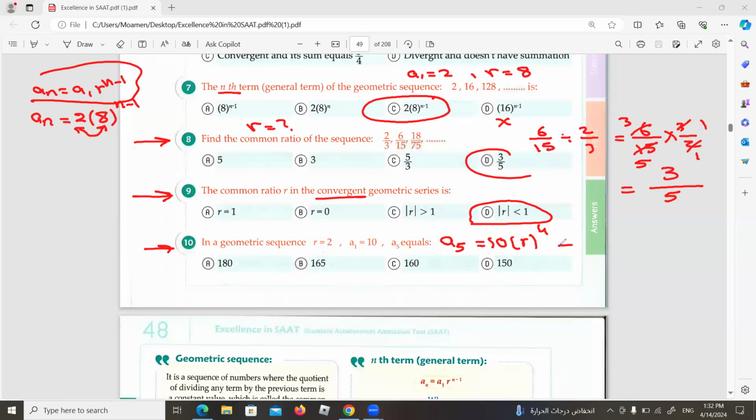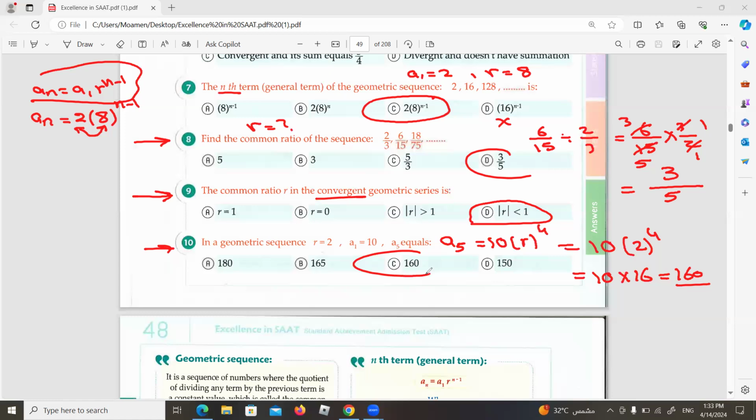So 10 multiplied by 2 to the power 4. You can't multiply 10 and 2. Finish the power first, by the order of mathematical operations as we said before. It's equal to 16, so 10 multiplied by 16 equals 160. So the result is letter C, which is 160.